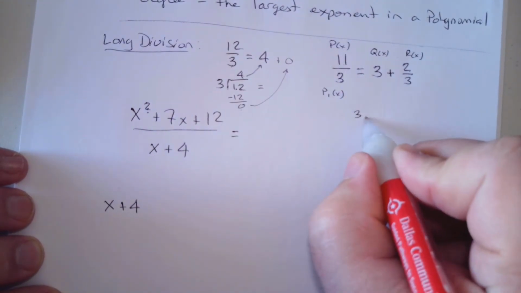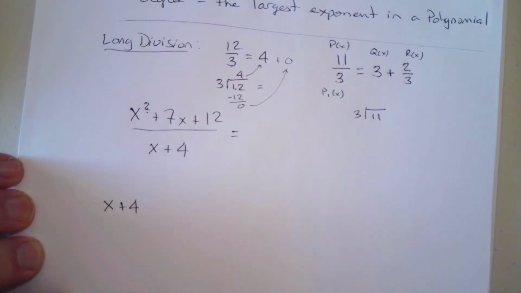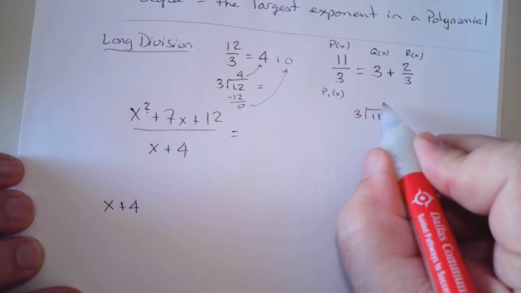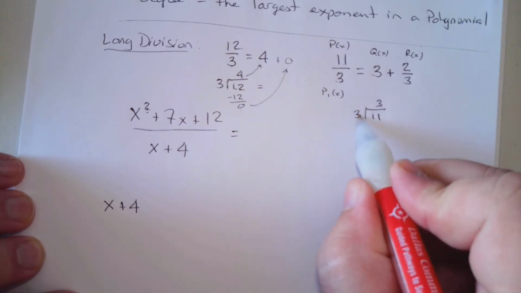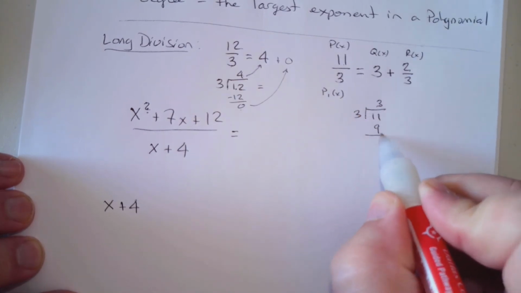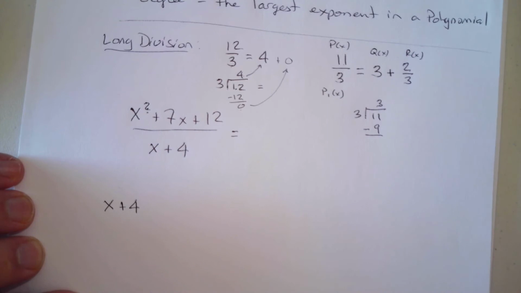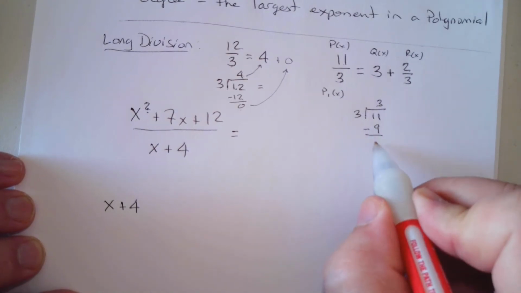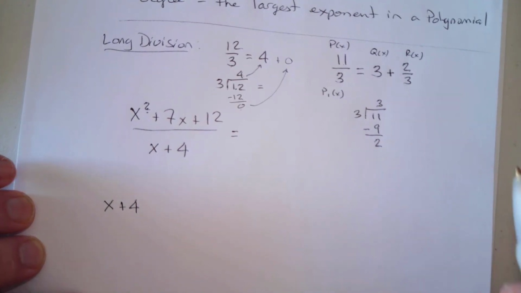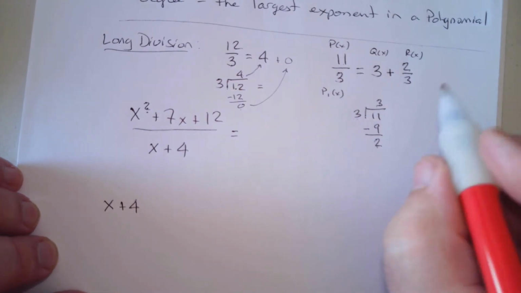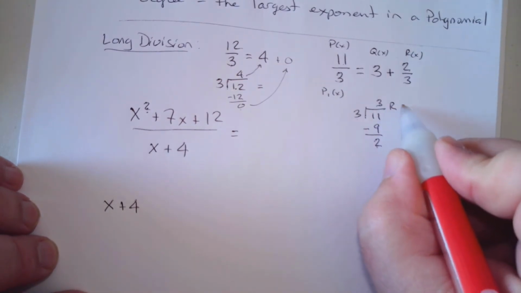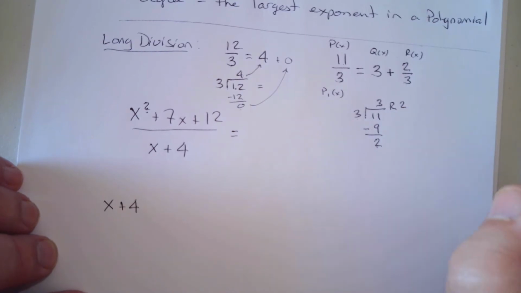The bottom number goes into the top number. 3 goes into 11 3 times. 3 times 3 is 9. Subtract them. You're left with 2. Since this number is smaller than that, we can't go any further, so we have a remainder of 2.